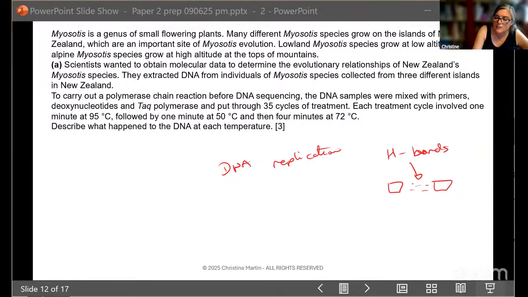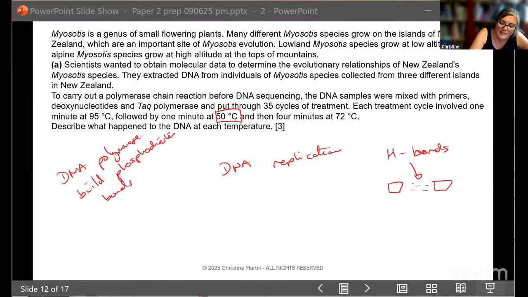95 degrees C, because we need to break the hydrogen bonds. 50 degrees C, because you should know that DNA polymerase cannot work on its own. Yes, it builds the phosphodiester bonds, but what you need to know is it needs a primer to begin with.